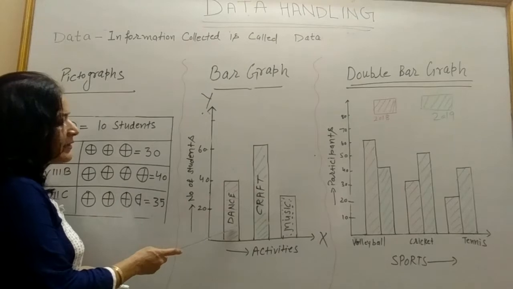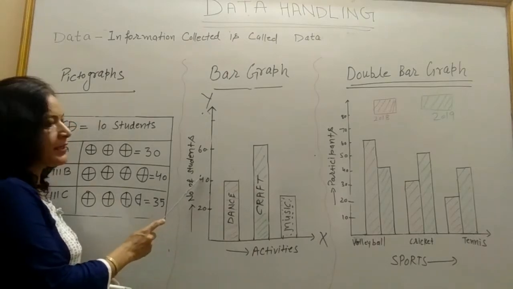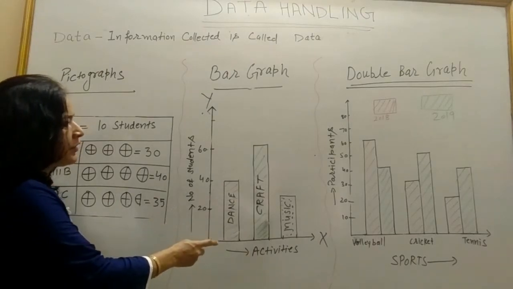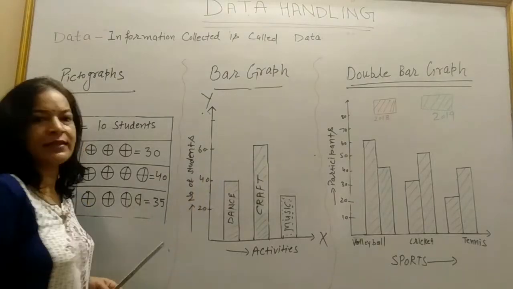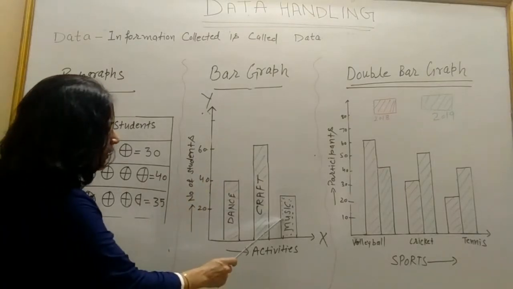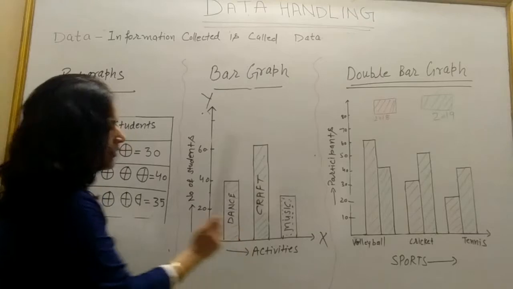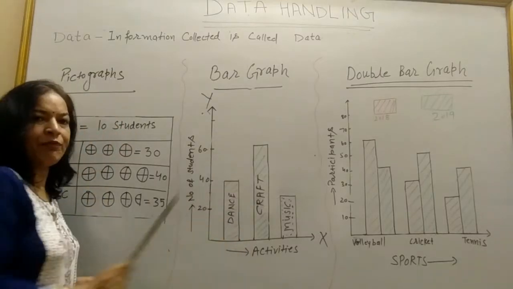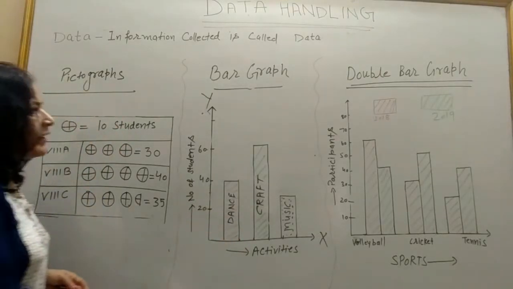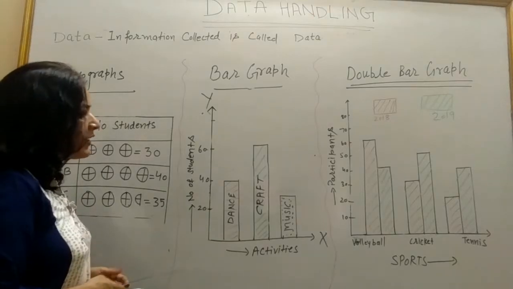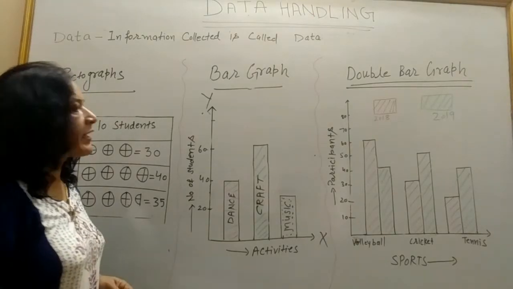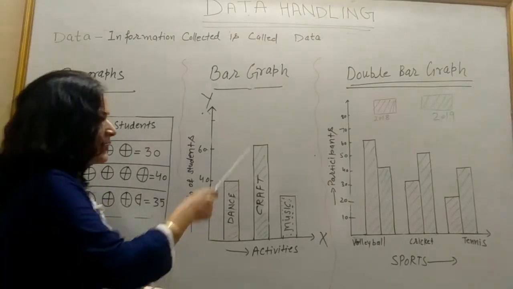So dance is joined by 40 students, craft activity by 60 students, and music activity by 30 students, between 20 and 40. By reading this graph, we can easily tell which activity is joined by more students? 60.